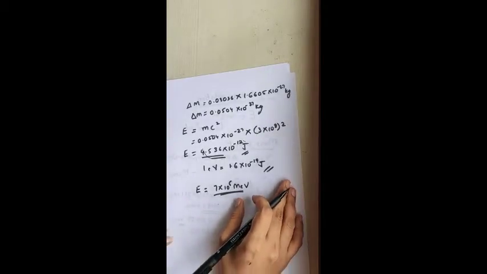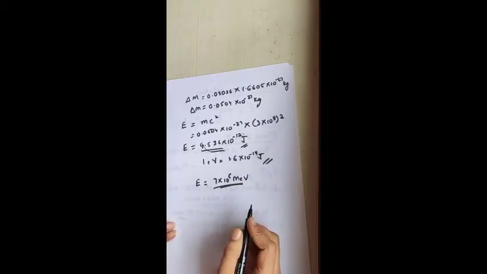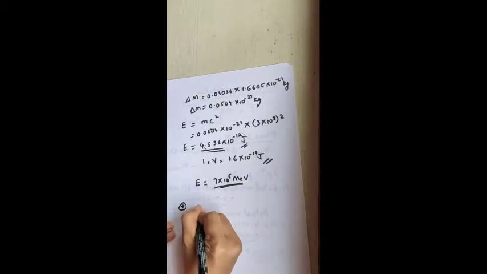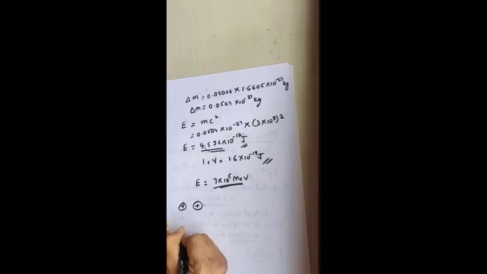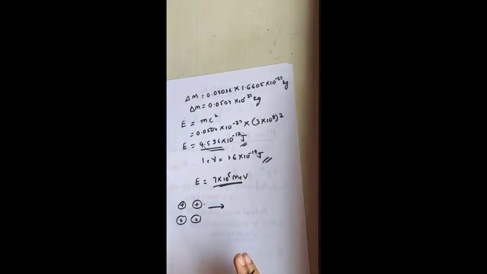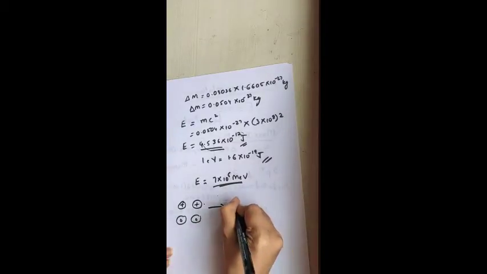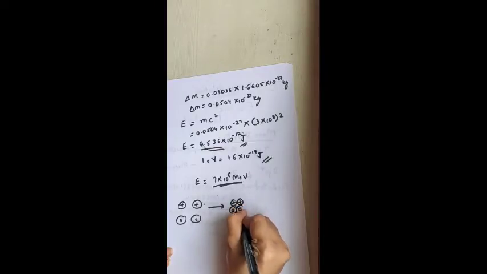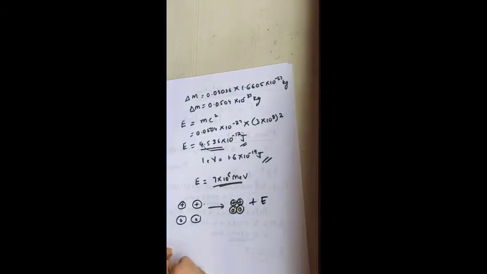So now what exactly is this binding energy? Suppose I have 2 protons and there are 2 neutrons which are neutral charge. So I want to put them all together. So when all these come together, some amount of energy is released and that energy is called as binding energy.